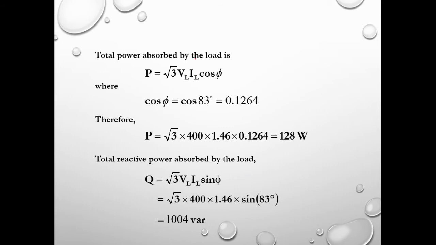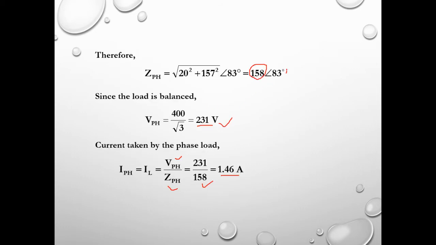The total power absorbed by the load is P equal to square root 3 VL IL cos theta, where cos theta equal to cos 83 degrees.